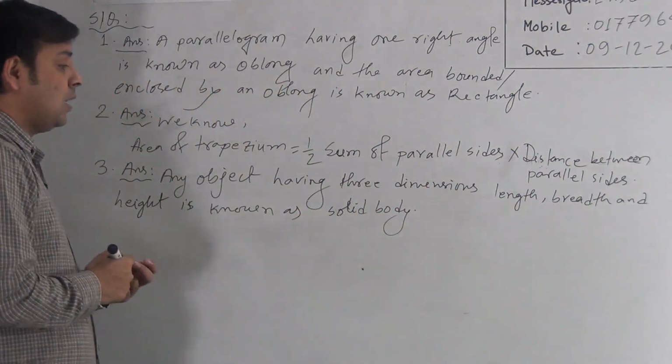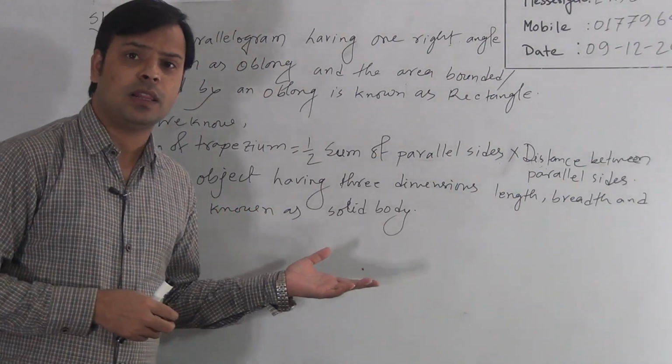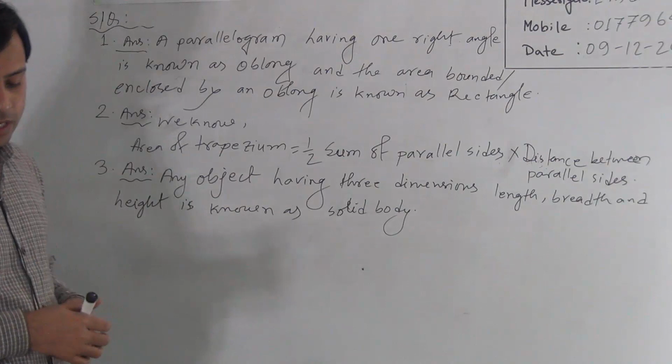And a solid body whose 3 dimensions are equal is known as a cube.